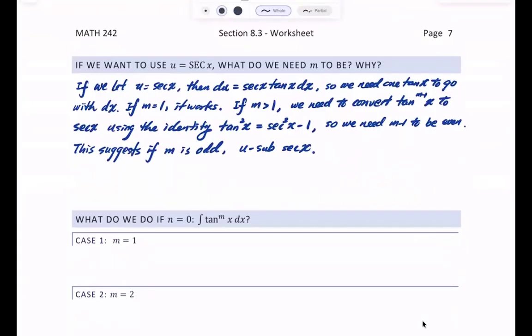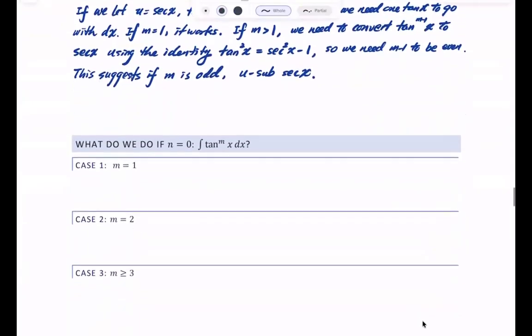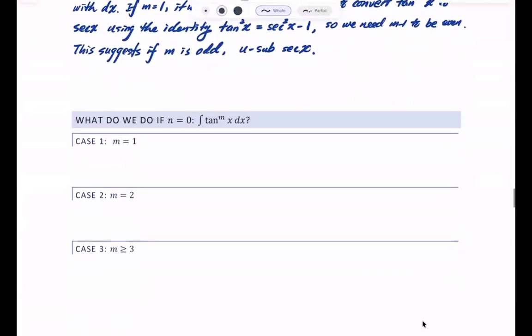So n is 0, there's no secant there. If it's just one tangent, we know how to do that. We even have the more general formula, so hopefully it's on your cheat sheet. You just had your exams.